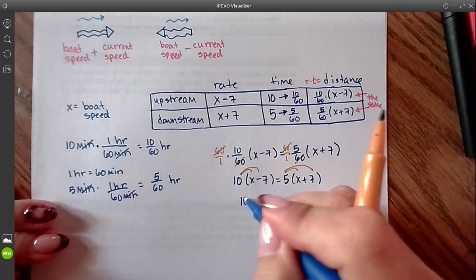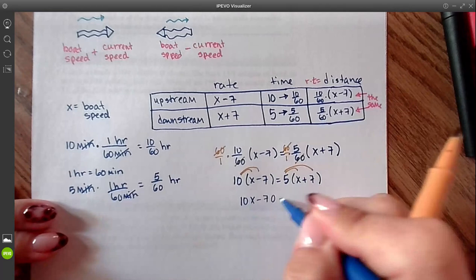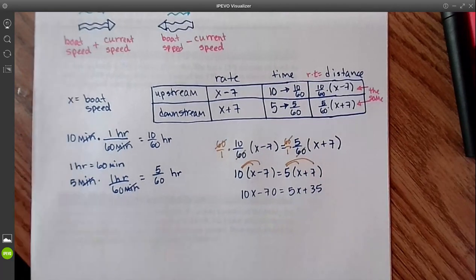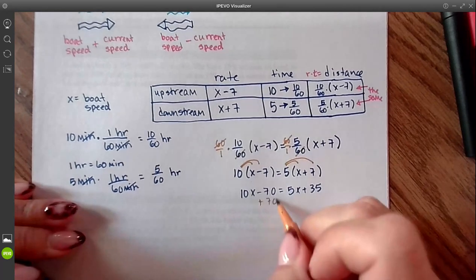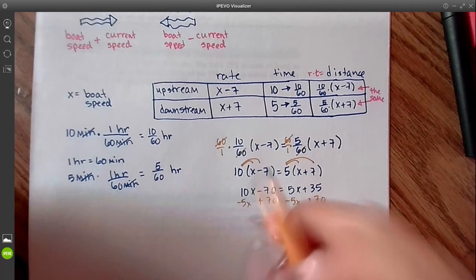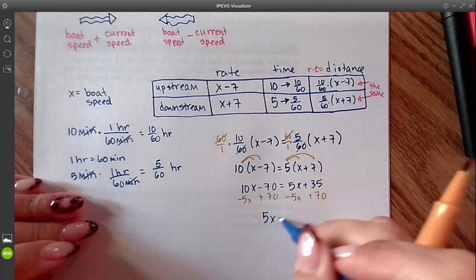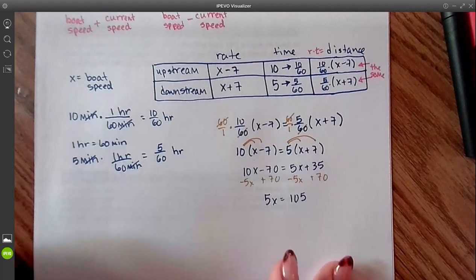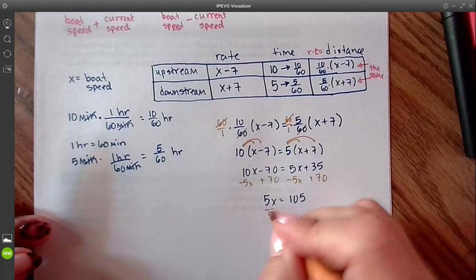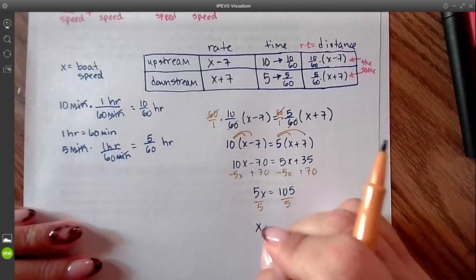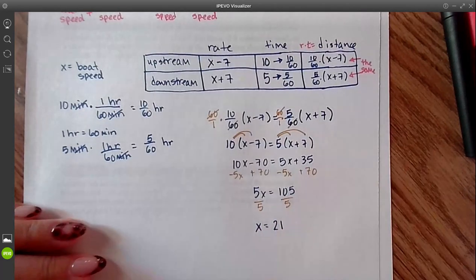So I have 10x minus 70 equals 5x plus 35. And solve. So we get 5x equals 105. Divide both sides by 5. And that would be x equals 21.